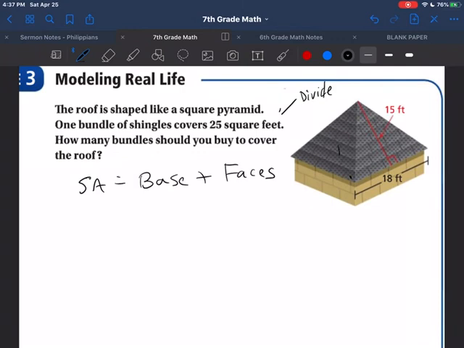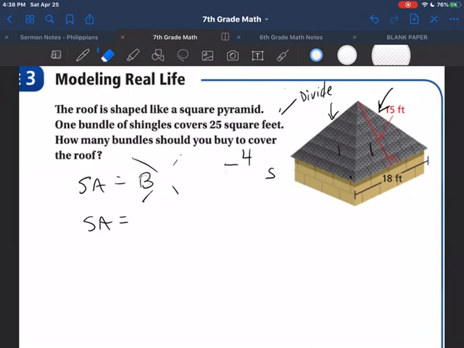In this case, we have 1, 2, 3 is going to be there, and 4 is going to be here. So there are 4 faces. But we do not need the base, so we're just going to exclude that. All we need is the 4 faces, so let's just get rid of the base completely.